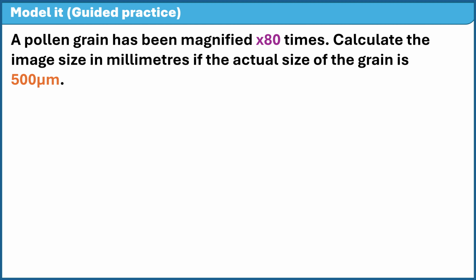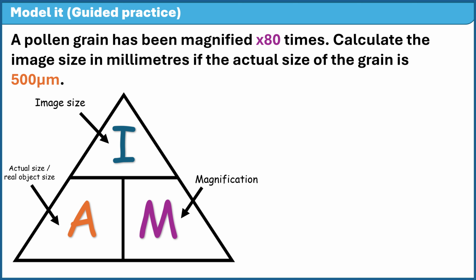Last practice now. The third question reads, a pollen grain has been magnified 80 times. Calculate the image size in millimetres if the actual size of the grain is 500 micrometres. Step 1 is we must cover up what we're trying to find in the formula triangle. We are trying to find the size of the image, so let's cover that.